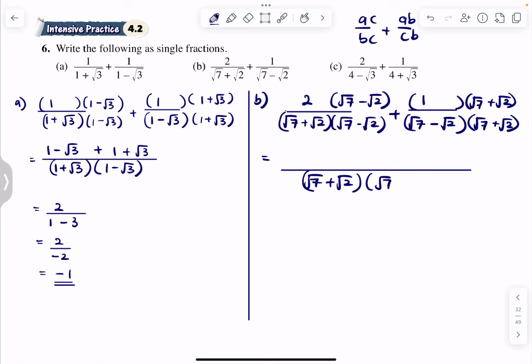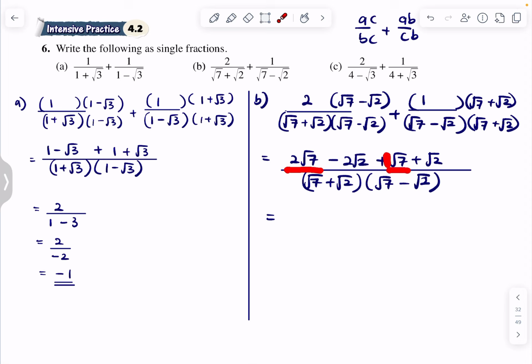Now on top we expand. So 2√7 minus 2√2, plus 1 times this is just that, √7 plus √2. Now 2√7 plus √7.